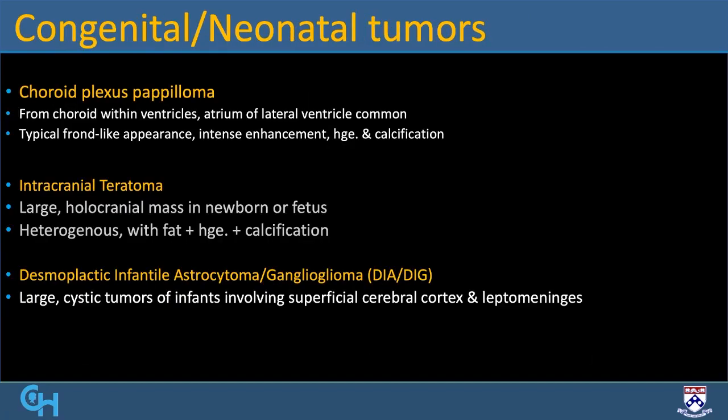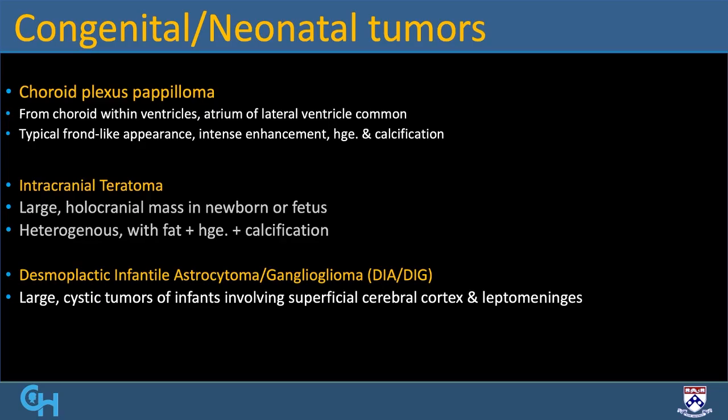Now we move on to this unique entity of pediatric brain tumors, which includes the congenital or the neonatal tumors, commonly seen in the neonatal age group. So the first among this category is the choroid plexus papilloma.